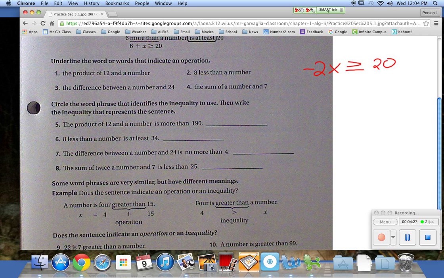If I'm multiplying or dividing by a negative number, when I bring this to the other side, the sign switches. So when I divide both sides by negative 2, I come up with x is less than or equal to negative 10. The only time you don't treat it like an equal sign is when you are multiplying or dividing by a negative number. That's the one exception.